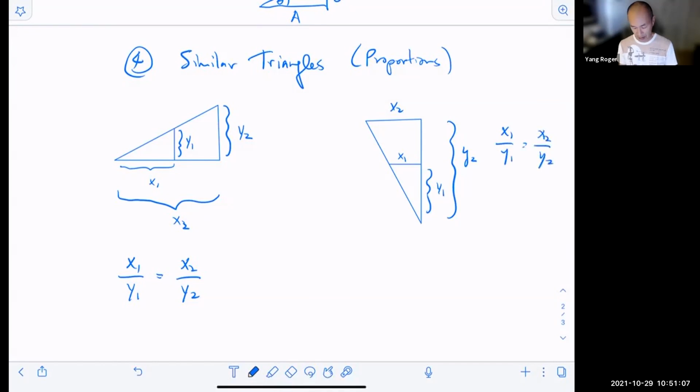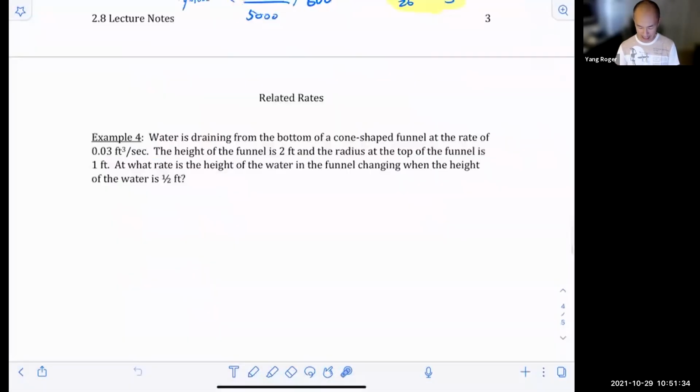We're still comparing those proportions and saying that those two proportions should be equal to each other. The only difference is that this picture is oriented vertically and this picture is oriented horizontally. Any questions about that? Okay. So why don't we do this last example over here?